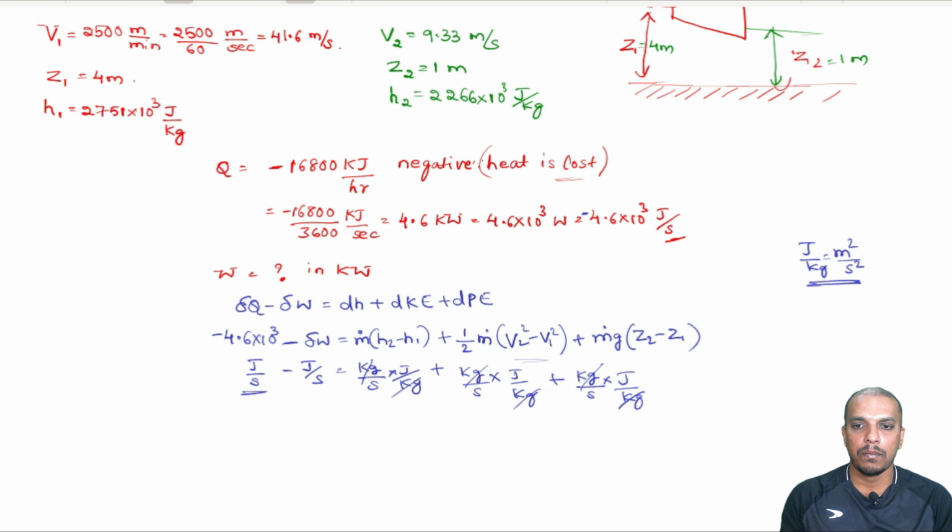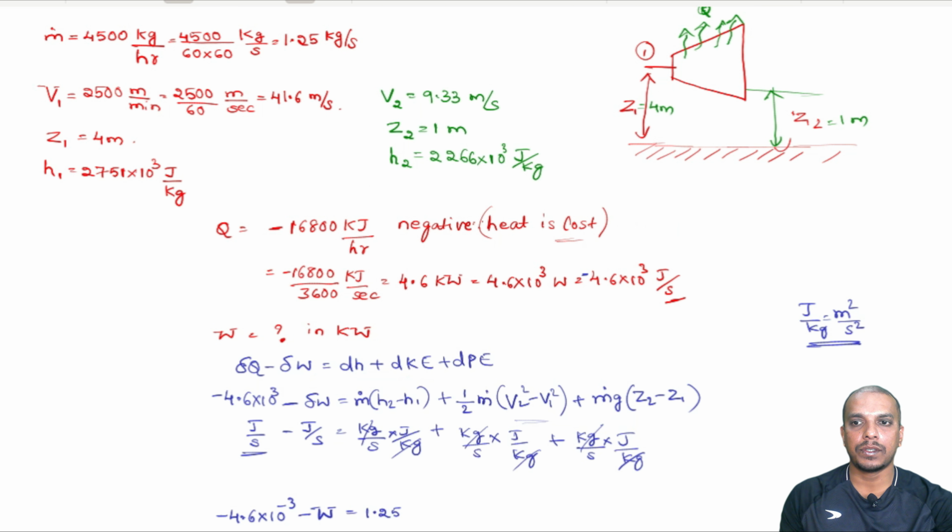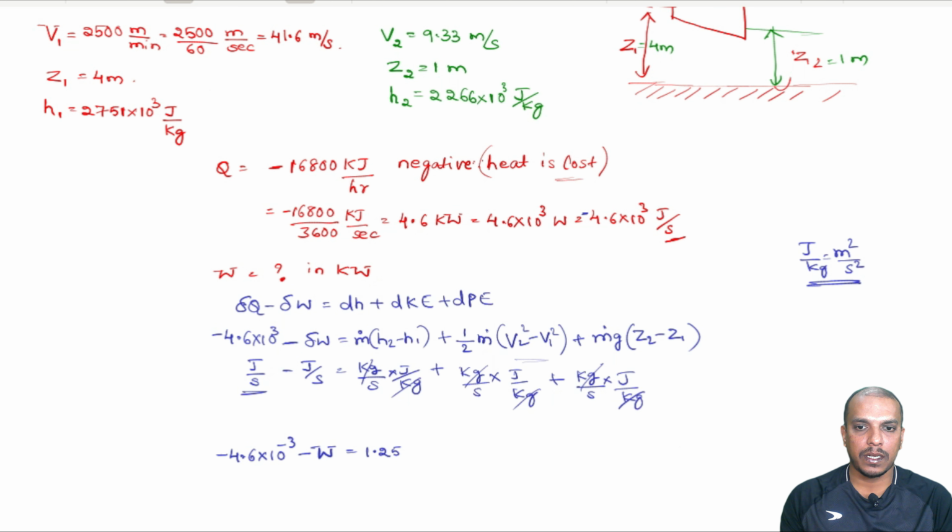Now let us substitute minus 4.6 into 10 power 3 minus work transfer, which we have to get in joule per second, must be equal to mass flow rate is 1.25 into H2 minus H1. So we can take common, otherwise we'll write it 2751 into 10 power 3 minus, H2 is 2266 into 10 power 3 minus 2751 into 10 power 3.